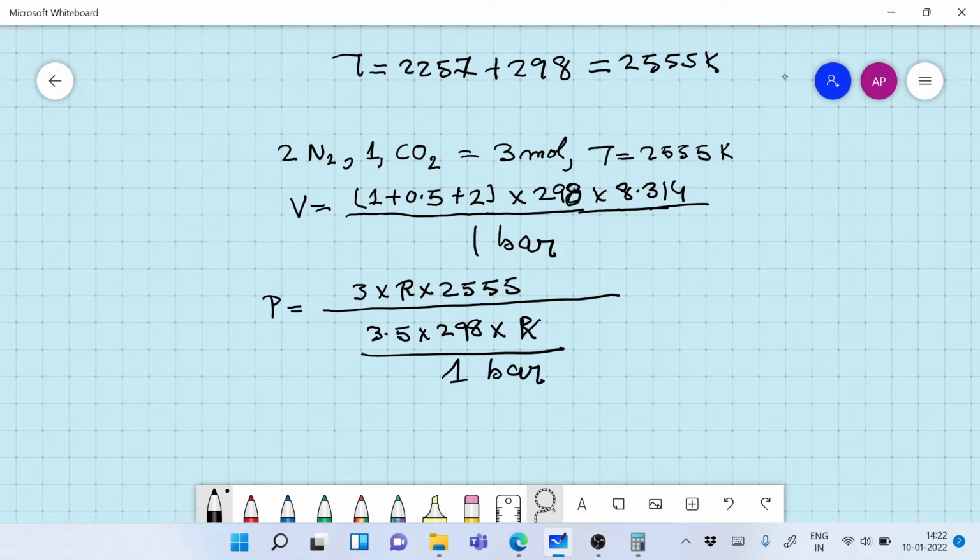So cancelling off the like terms and solving it, we get the answer in terms of bars.